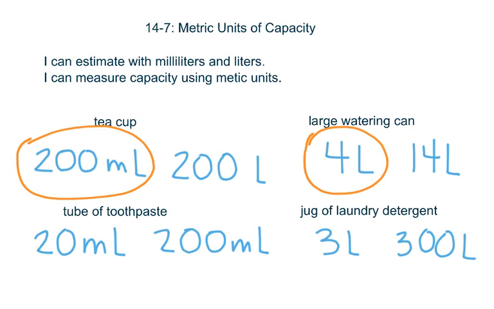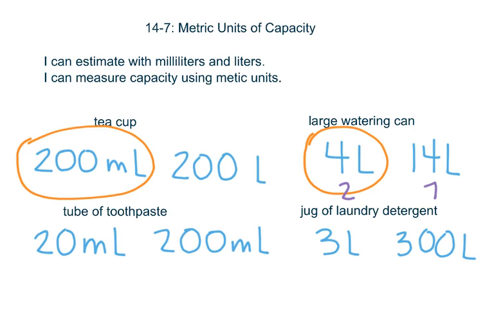So for instance, I used the example of a 2-liter bottle of soda. If you had a 2-liter bottle of soda, think about how heavy it would be. In the large watering can example, 4 liters would be like 2 of those large liters of soda, and the 14 liters would be like holding 7 of those containers of soda.